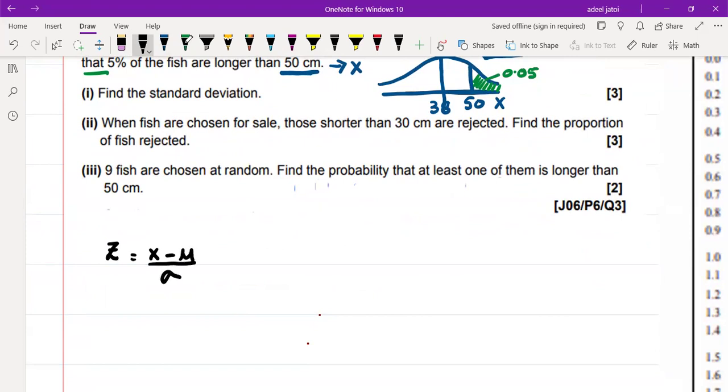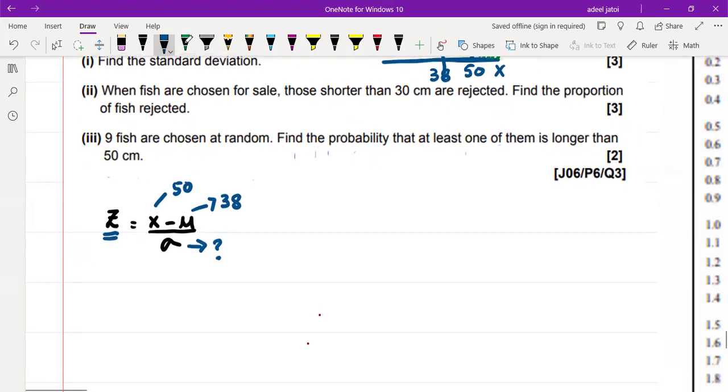Now, in this regard, the mean is given, that is 38. Your X is given, that is 50. But the standard deviation is missing. But we can find out the value of Z. How can we find the value of Z? Because the probability is given.